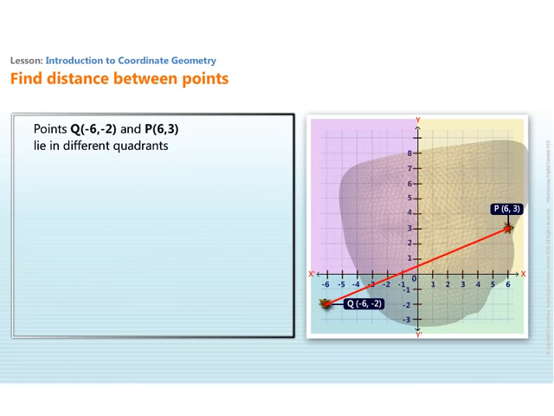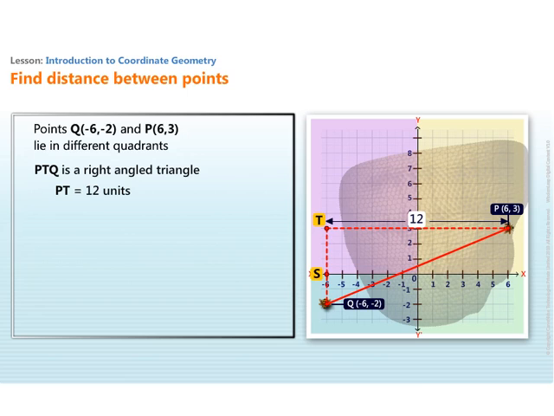To find this, let us draw QS perpendicular to the x-axis and also draw a perpendicular PT from the point P on QS extended. Then, the length of PT is the x-difference and the length of QT is the y-difference. PT is equal to 12 units and QT is equal to 5 units.